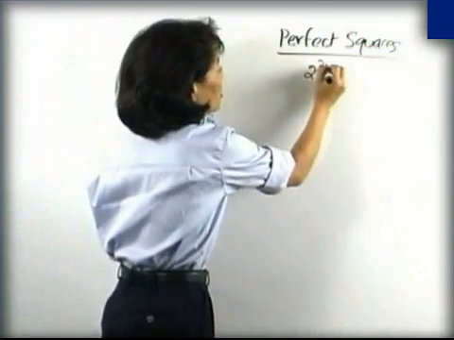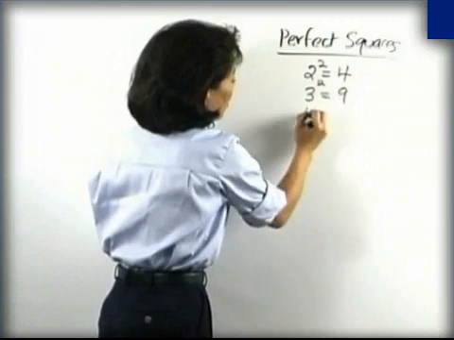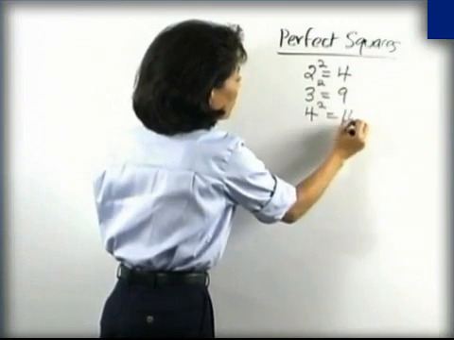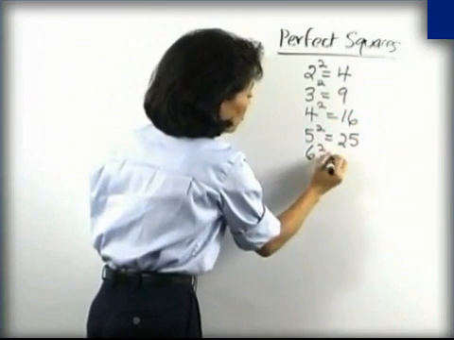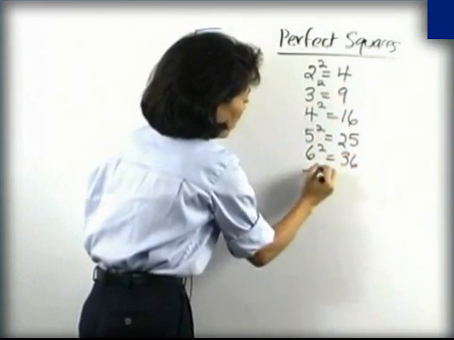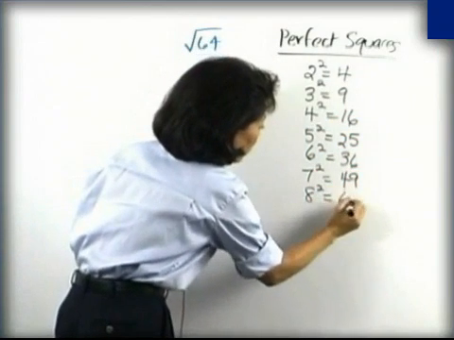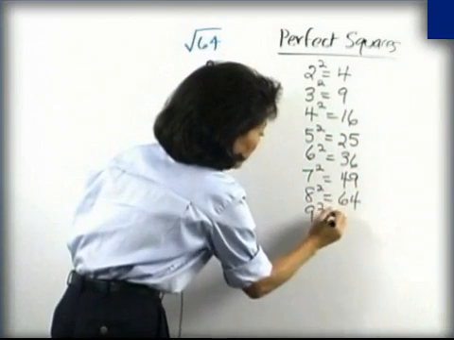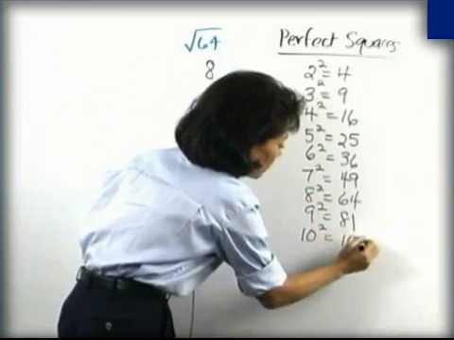For example, you could write 2 squared is 4, 3 squared is 9, 4 squared is 16, 5 squared is 25, 6 squared is 36, 7 squared is 49, 8 squared is 64, 9 squared is 81, and 10 squared is 100.